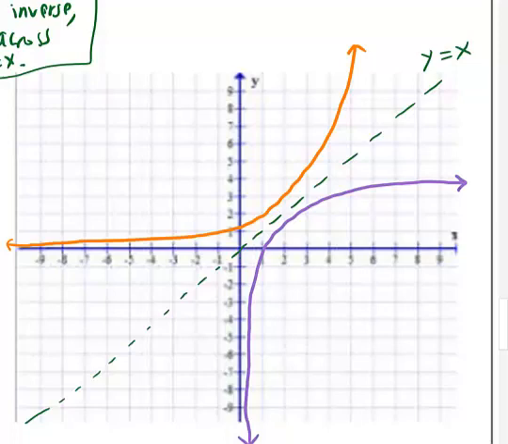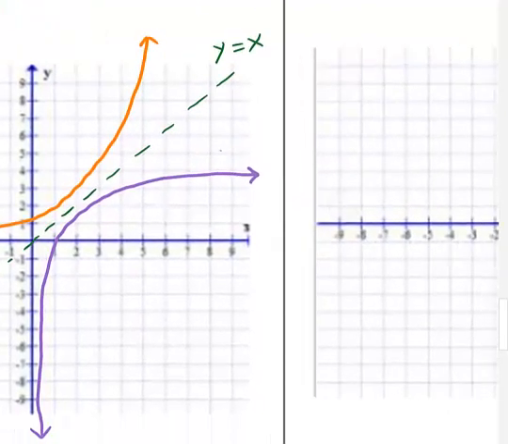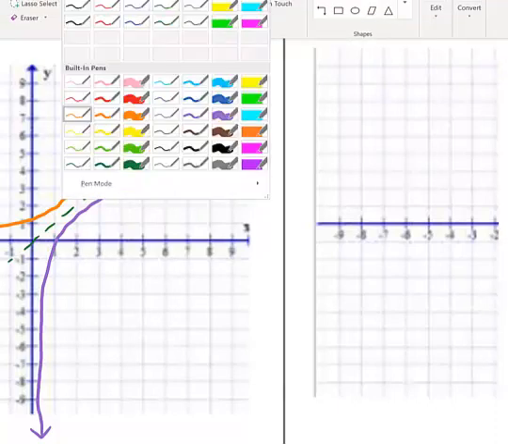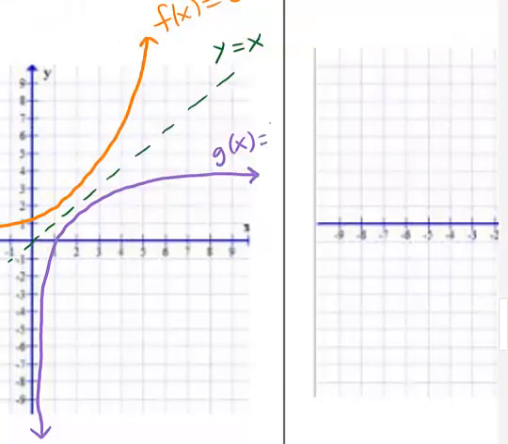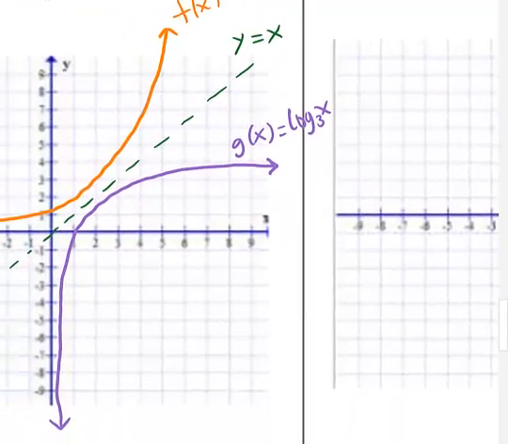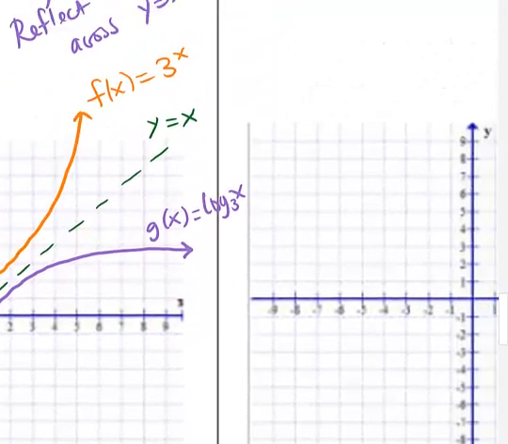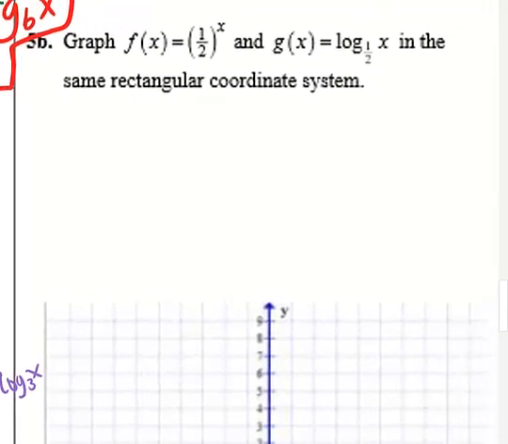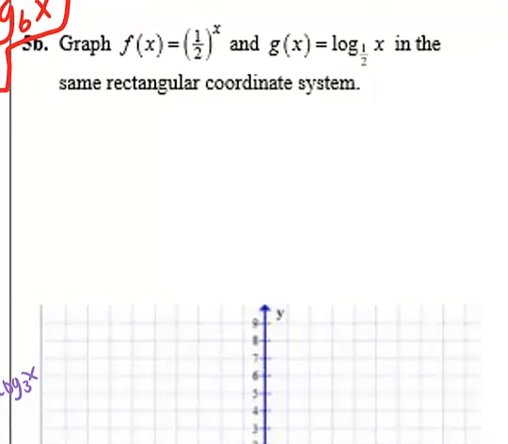Those are inverse functions' graphs. I forgot to label it, sorry. This is f of x, the 3 to the x guy, and g of x, the inverse, should be log base 3 of x. Don't worry about memorizing the graphs of logs. You could if you want to, but there's no need because we've already memorized exponential functions' graphs.